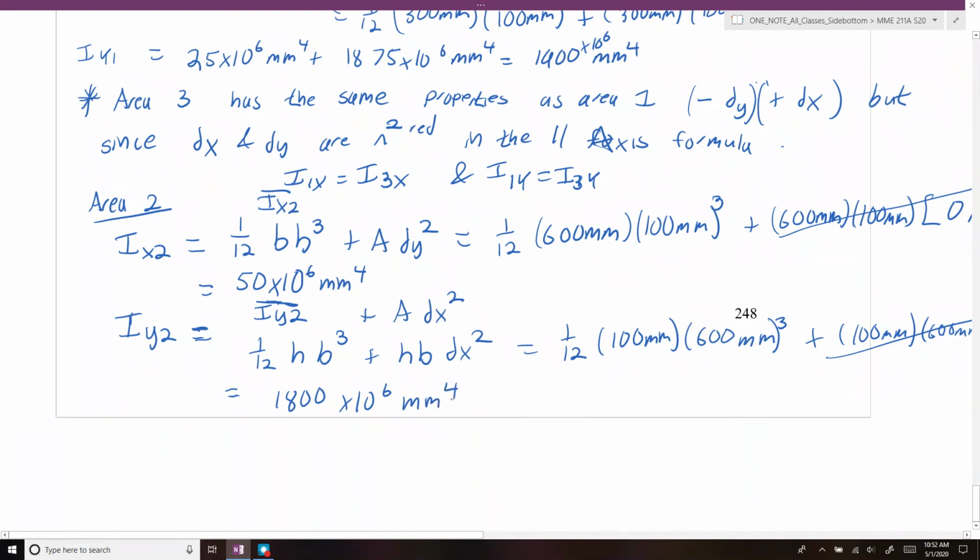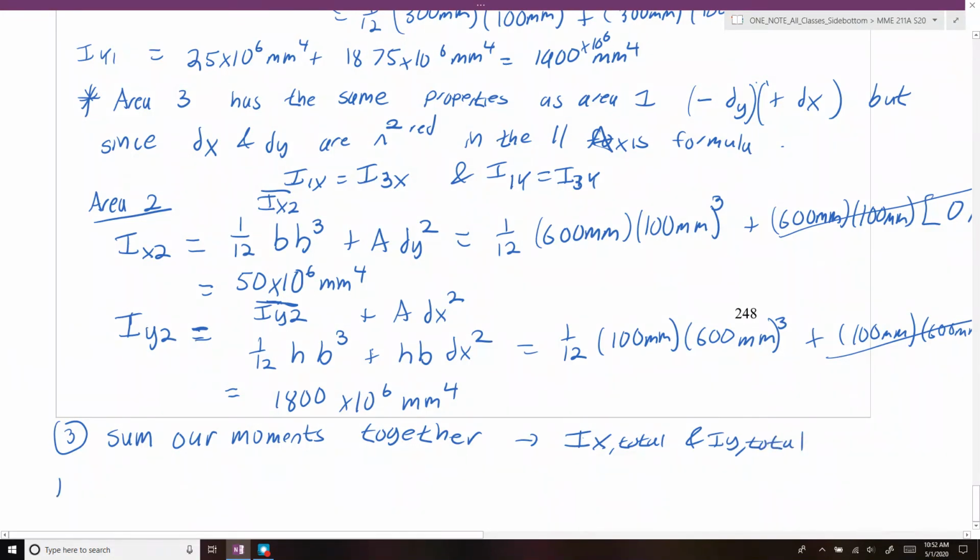The only thing we have left now is to sum our moments together to find Ix total and Iy total.